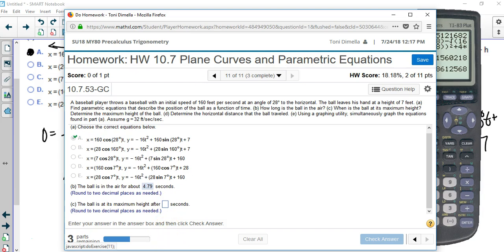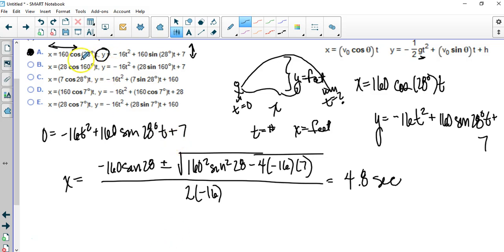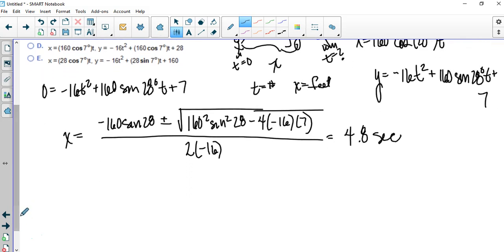Now I want to know, well, what's the max height? Well, the max height, again, has to do with the y. So now all I'm looking for is where is that peak? Where's that vertex? Now you can graph this in your calculator and find a max, but to find the max of a quadratic is actually pretty easy. We're looking at this again, but I'm just looking for the highest part. That's going to be x is equal to negative b over 2a.